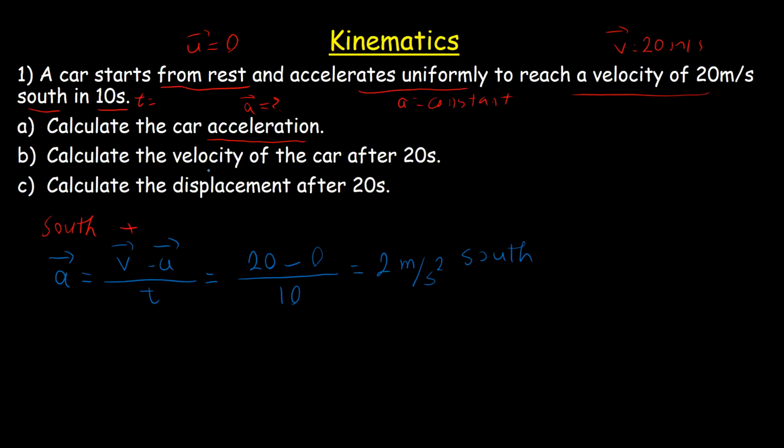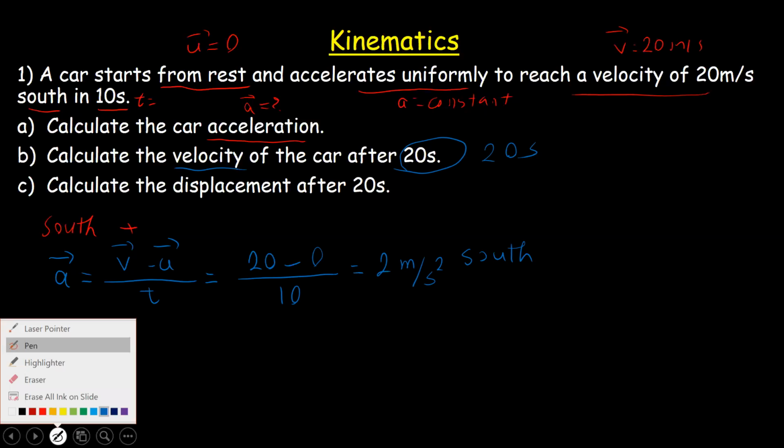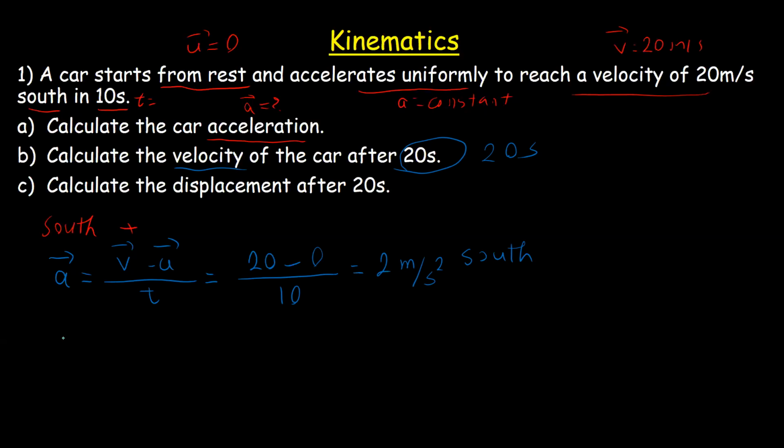Part B, calculate the velocity of the car after 20 seconds. So after 20 seconds, what's the velocity of the car? In this case, we want the final velocity while we have acceleration and time.